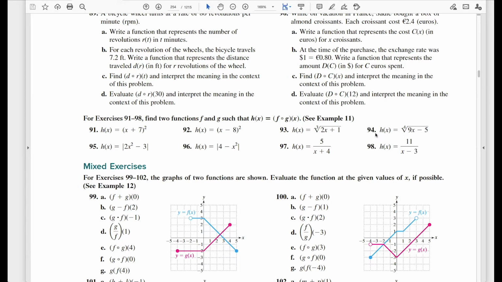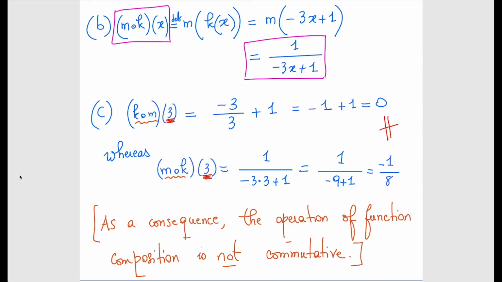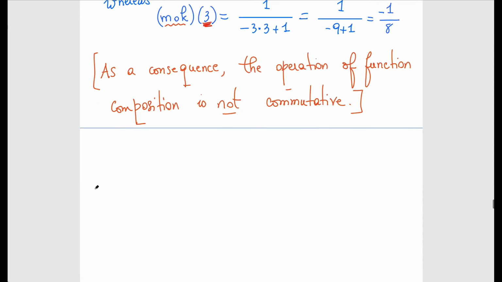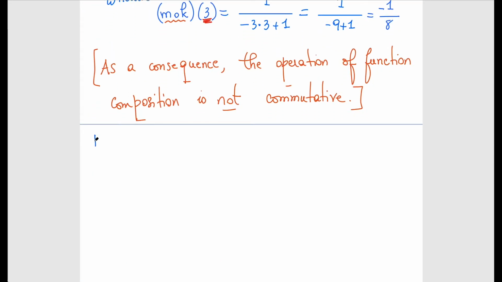Okay, let's do 94. So we're given that h of x is the fourth root of 9x minus 5, and we are asked to find two functions so that if we compose them, we get back h. Okay, so let's go to page 227, and that's number 94, right?